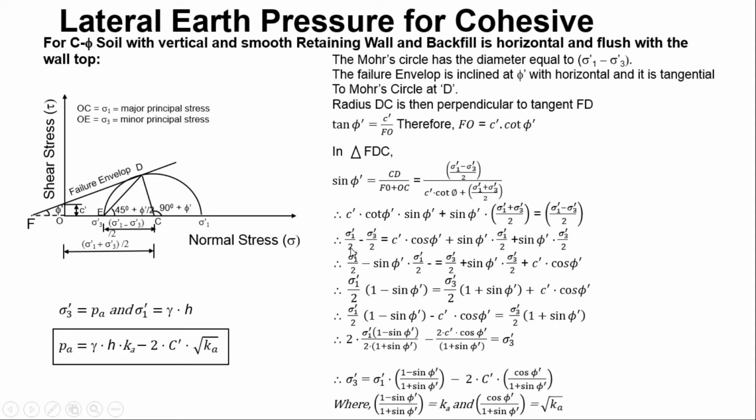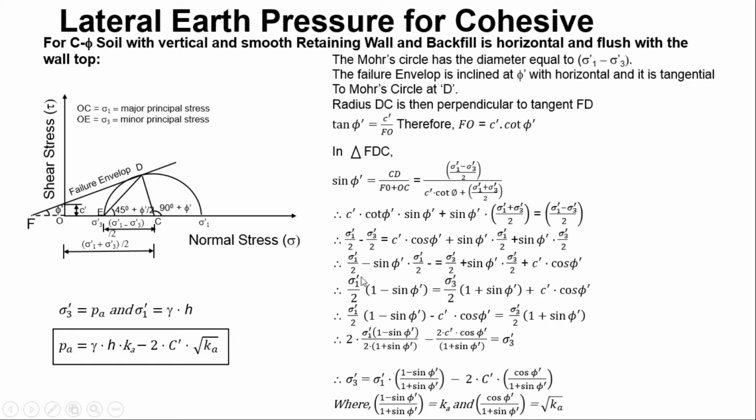So sigma 1 dash by 2 as it is, minus sin phi dash into sigma 1 dash by 2, is equal to sigma 3 dash by 2, because this minus sigma 3 dash, when it comes here, becomes plus sigma 3 dash by 2, plus the term sin phi dash into sigma 3 dash by 2, and plus the term c dash cos phi. So we have just rearranged the terms.